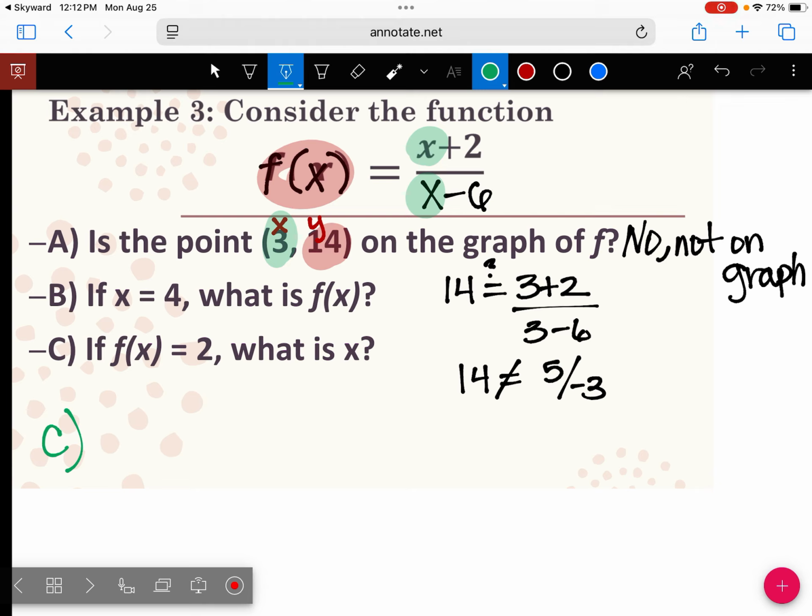What am I going to do with the 4, Denaya? Put the 4 in for x. So y equals, and go ahead and put your 4 in and see what you get for y.